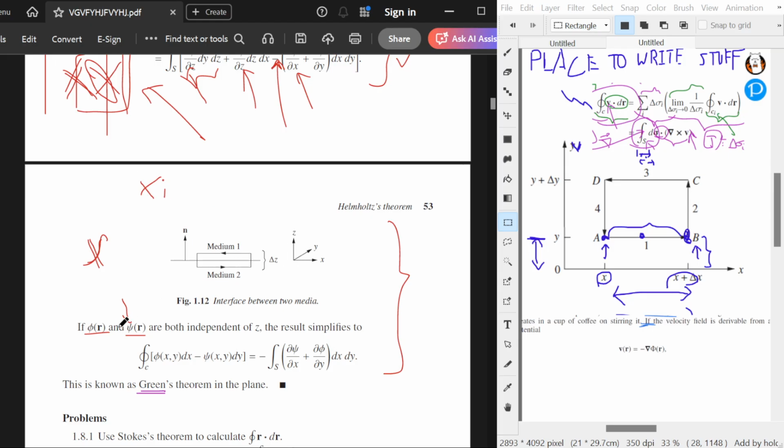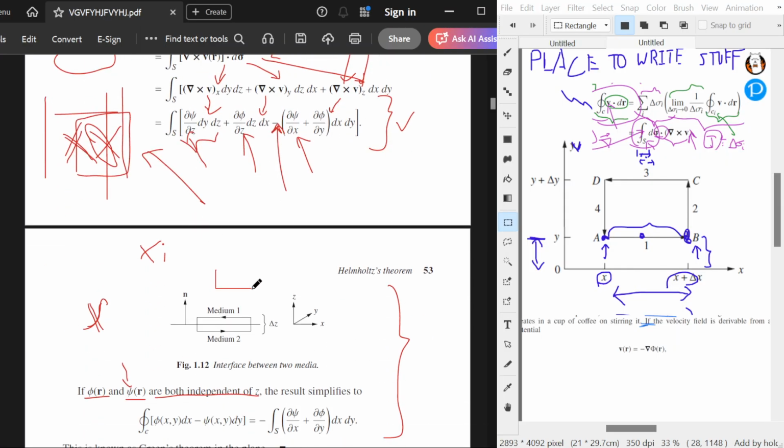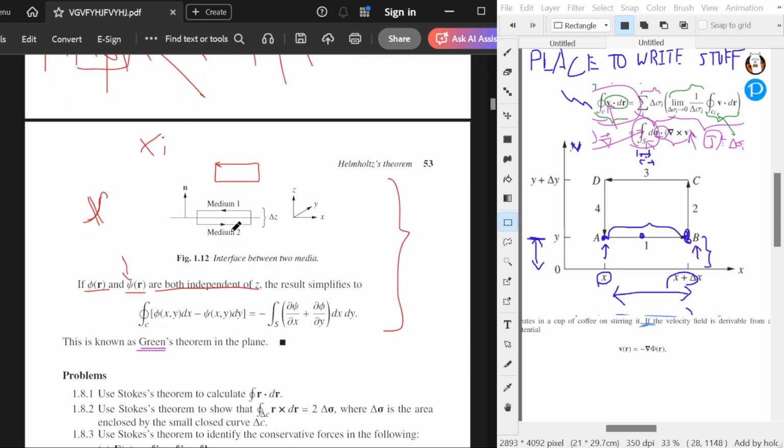If this and this don't care about C, this simplifies to Stokes' theorem. Okay, we're dealing with a closed loop, so that's why they're talking about this.